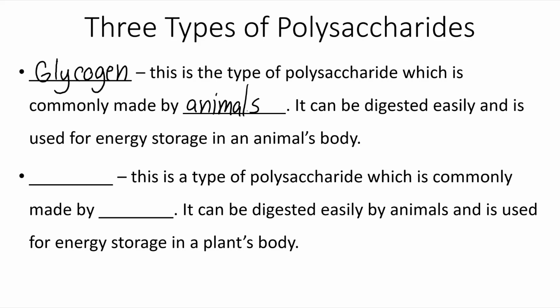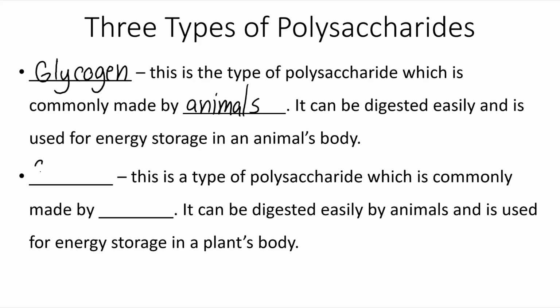Our body made that glycogen and stored it there because we had excess sugar in our bloodstream, whether it's from meals or eating snacks or whatever. If our blood sugar level gets too high, a hormone is released called insulin, and that insulin triggers our body to collect the extra sugar in our blood and store it as glycogen in our liver. So glycogen is a type of polysaccharide that is made by animals, including us as humans.